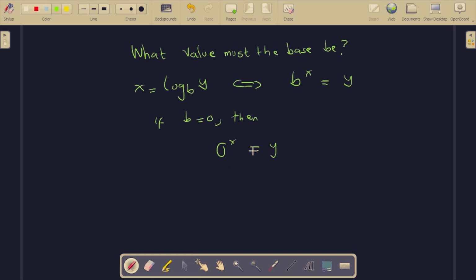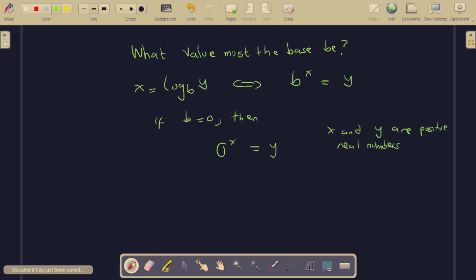Now for simplicity, let's say x and y are positive real numbers. For simplicity you can think of this as 1.